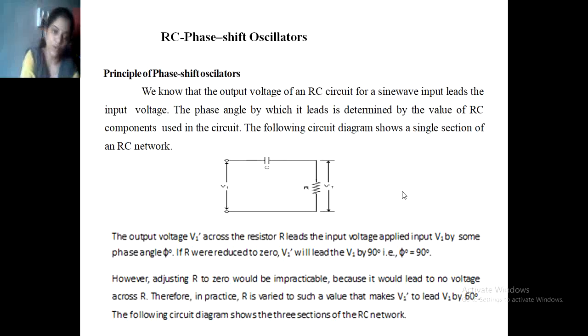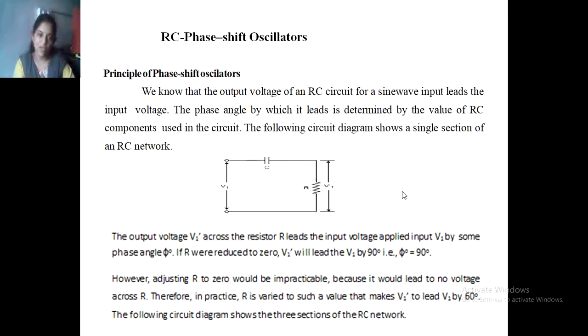The output voltage V1' across the resistor R leads the applied input voltage V1 by some phase angle phi (θ). If R were reduced to 0, V1' will lead V1 by 90 degrees, that is, phi is equal to 90 degrees.